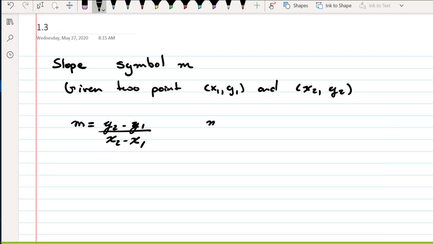We also will talk about slope in terms of rise divided by run, or the change in y divided by the change in x.